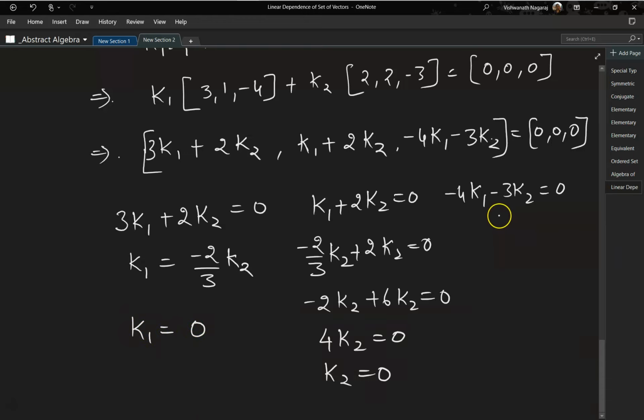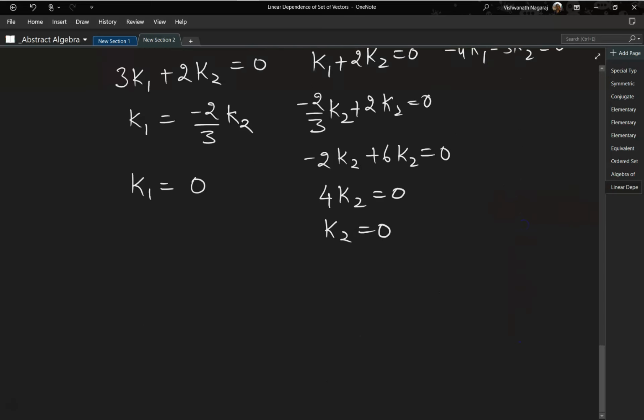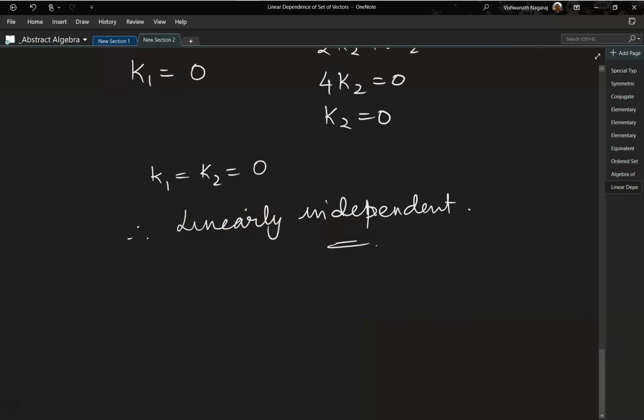And similarly here, k1 is 0, k2 is 0. Therefore, this is also satisfied. Now here, k1 is equal to k2 is equal to 0. So therefore, the vectors are linearly independent.